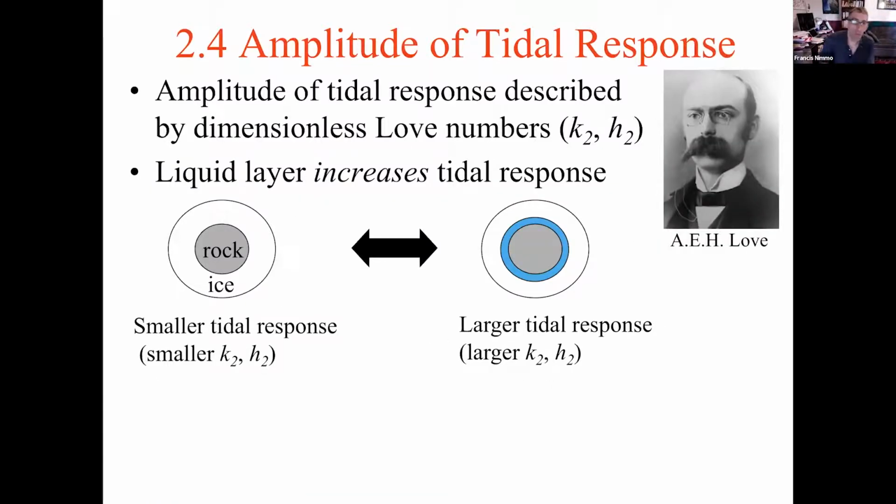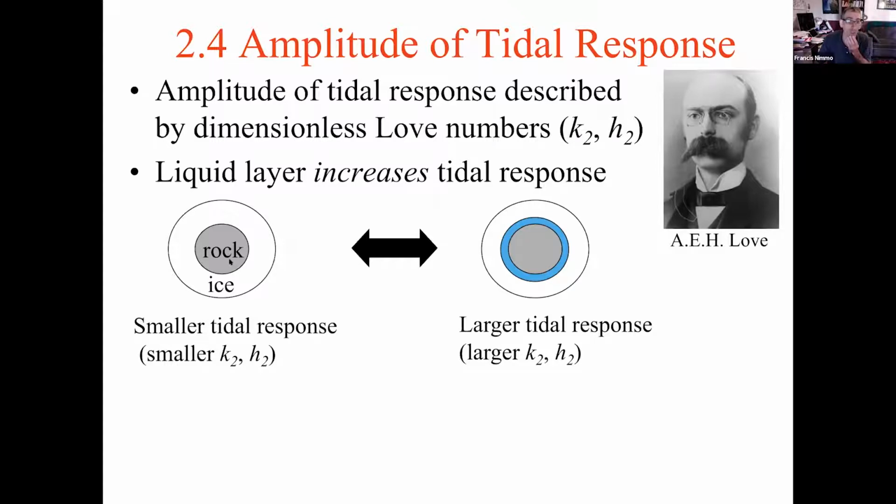Okay, coming back to the tidal response, I talked about the fact that the periodic variations in the tidal bulge happen if you're in an eccentric orbit. The amplitude of that deformation is described by these dimensionless so-called Love numbers. They just tell you how much the tidal bulge changes over the course of an orbit. Here is A. E. H. Love with his splendid Edwardian moustaches.